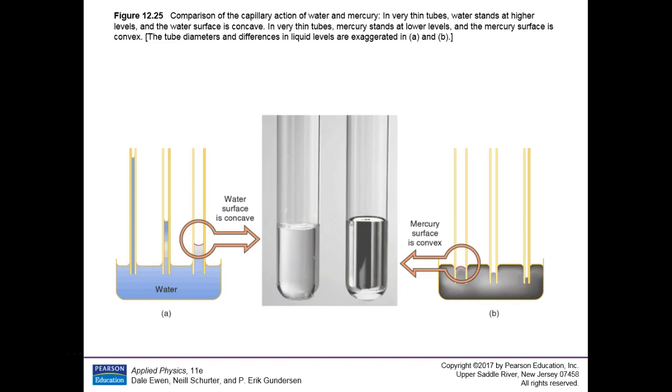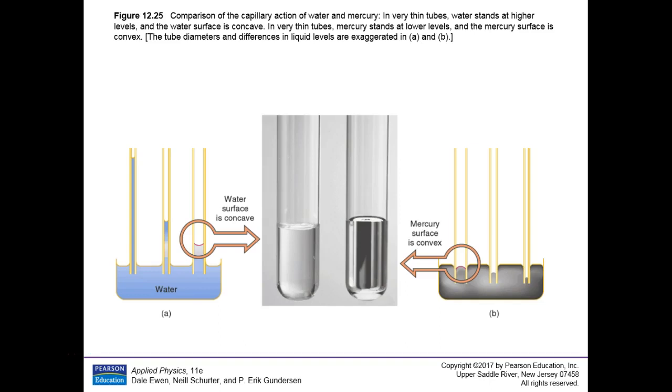The first thing that's happening here, water likes the wall of the glass, so it tries to crawl up. That's adhesion, the attraction between unlike molecules. So the water molecules like the glass, and they adhere to it, and they move up the sides. As they move up the sides, because they cohere to other water molecules, they pull the other molecules up with them.